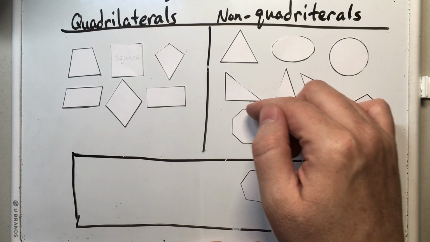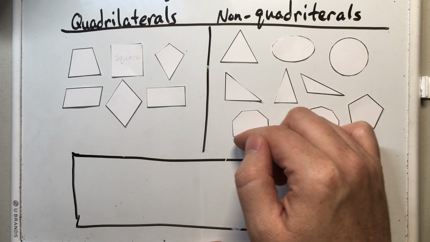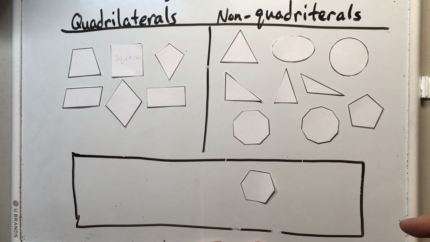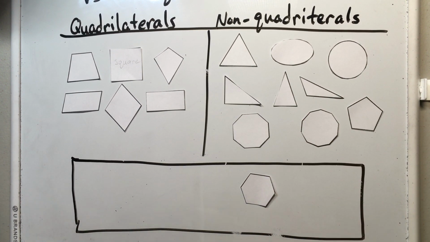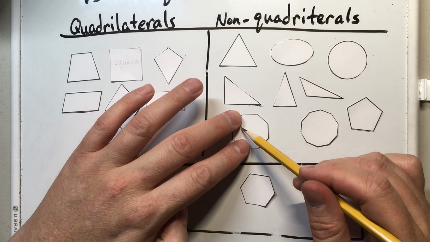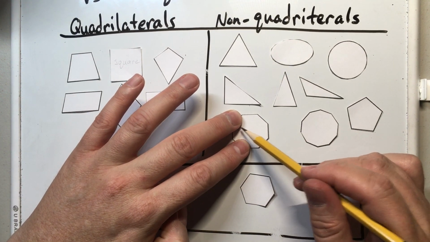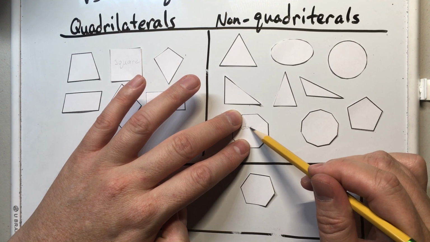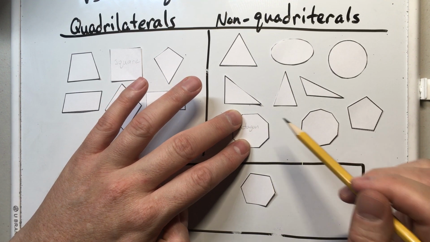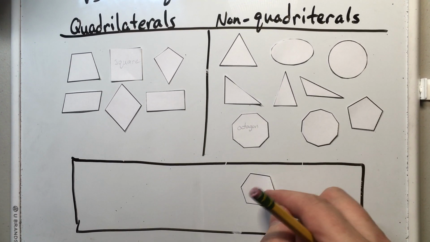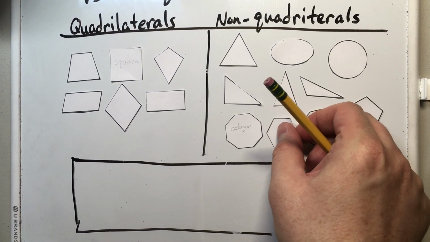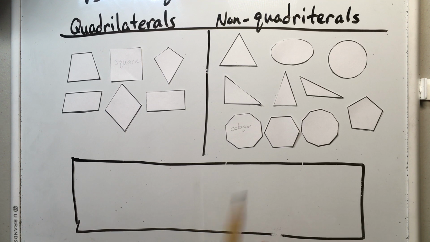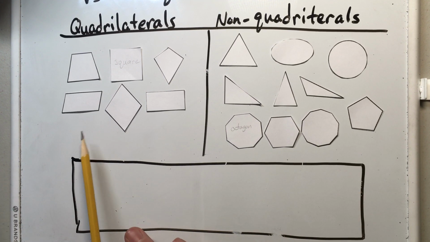This has 8 sides. 1, 2, 3, 4, 5, 6, 7, 8. Octagon. So if you make a mistake like that, label it if you need to. Hexagon has 6 sides.